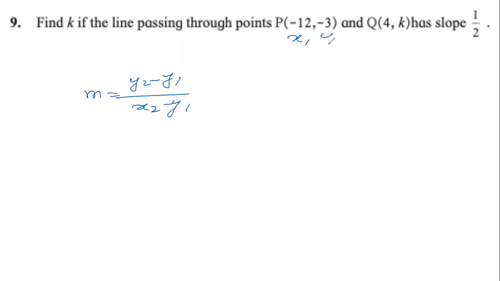Just going in the order they have been given, x1, y1, x2, y2. You put all the values. Only thing we don't know is this. So here we will put k and all the values. We know m equals 1 by 2. We solve it and we find the value of k. Linear equation in one variable. Nothing new.